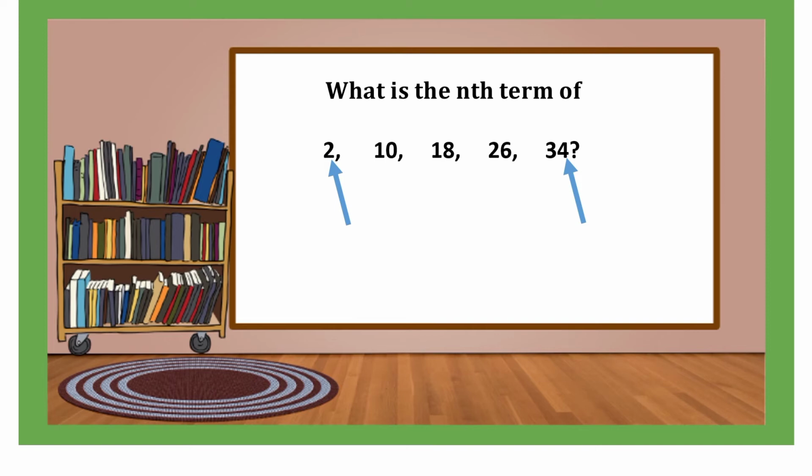And if we're going to continue the terms, the next term after 34 is 42. Why? Just add 8 to 34. Hence, the a sub n is equal to 8n minus 6.